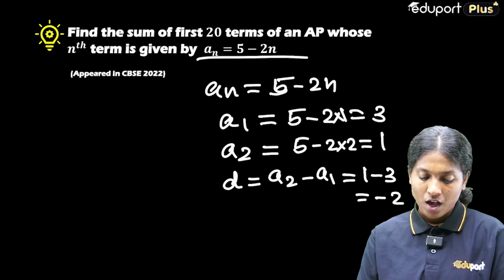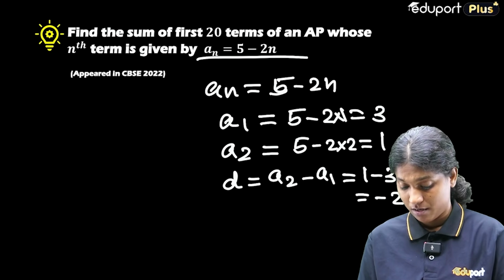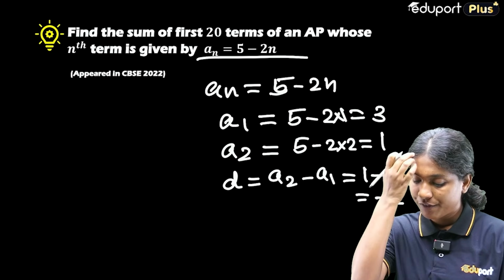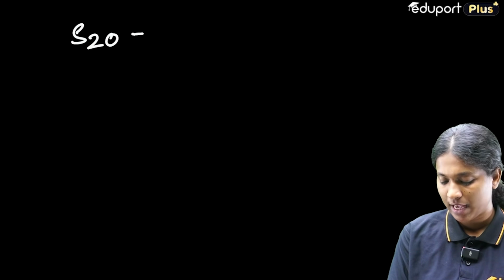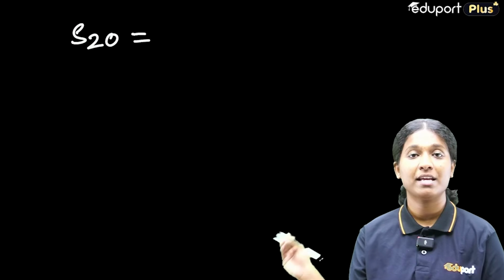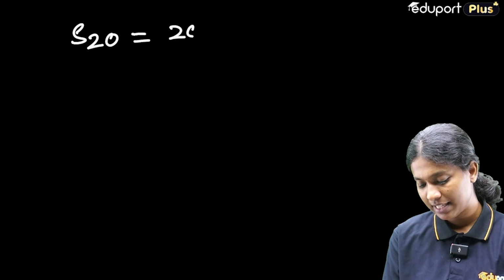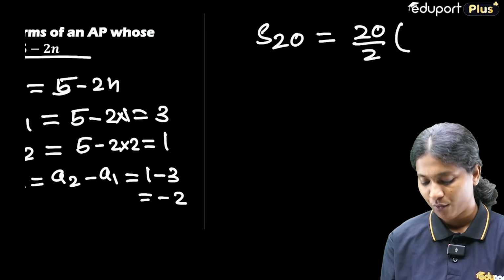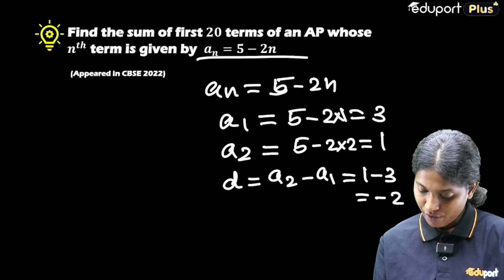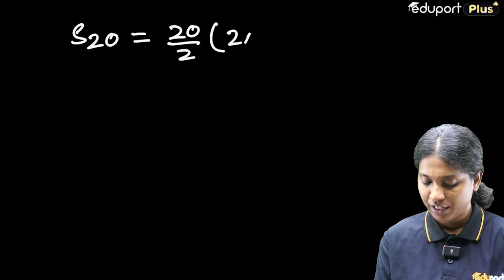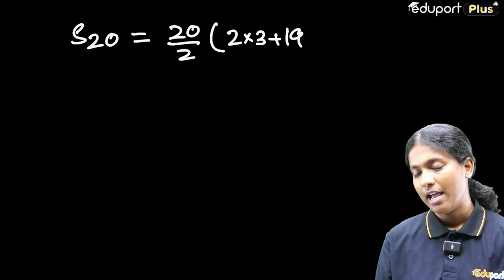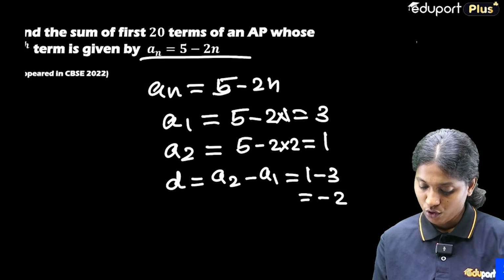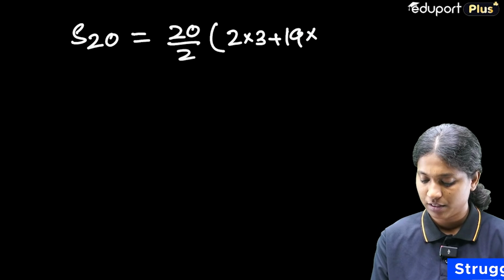Now you are being asked to find the sum. You have the first term and the common difference, so now we can find the sum. S20 is the thing we have to find. S20 is n by 2 into 2a plus n minus 1 into d. n is 20, so 20 by 2 into 2a. What was a? a was 3. So 2 into 3 plus n minus 1, which is 20 minus 1, 19, into common difference minus 2.